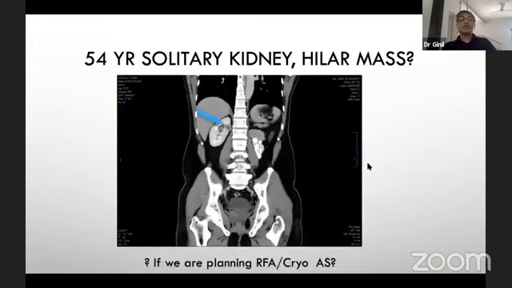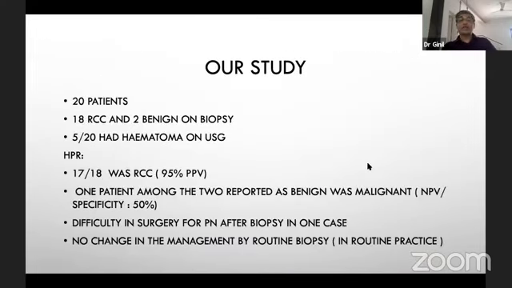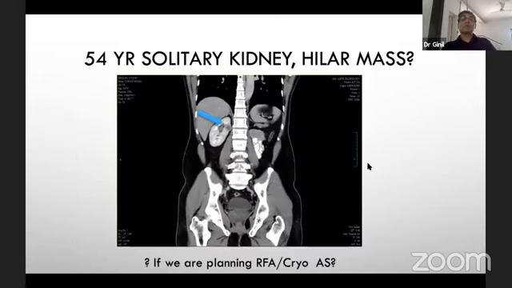We also had a small study which shows the accuracy of a biopsy, but we had two negative biopsy patients, of whom one had a malignancy. So we cannot avoid a treatment. Then there was no change in the management by routine biopsy in this patient. So a biopsy is not indicated routinely.